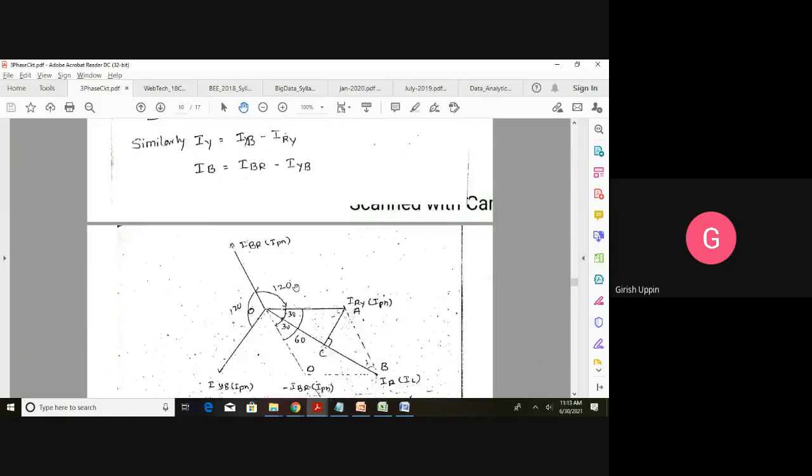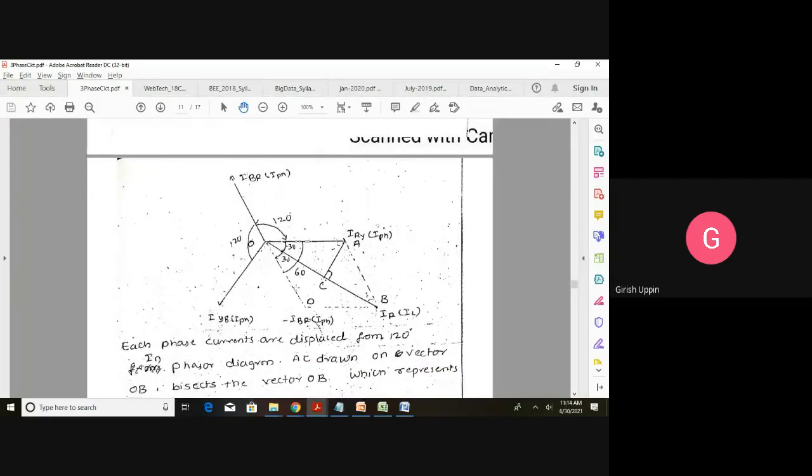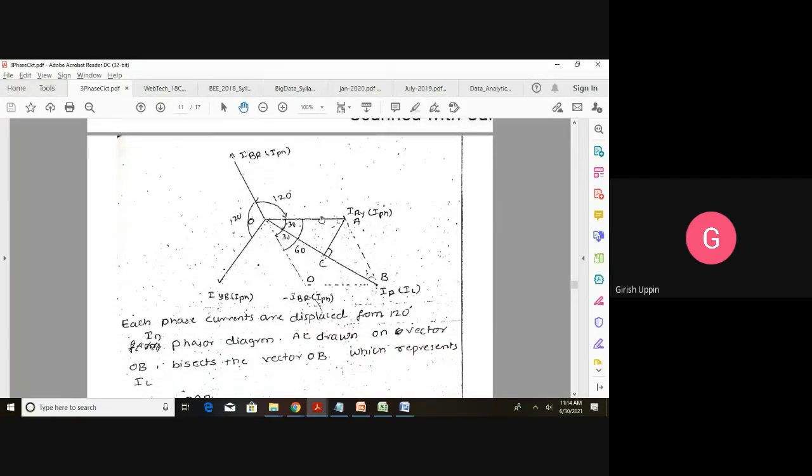Now we will draw the phasor diagram for the currents. Okay, phase currents. You can see IRY. IRY is the phase current in the R phase. We know that in R phase it starts from 0. OA represents IRY, which is the phase current in R phase, and 120 degrees lagging, I will have the Y phase current, that is IYB. This is 120 degrees, and 240 degrees lagging will be the B phase current, IBR, which is also the I phase current.